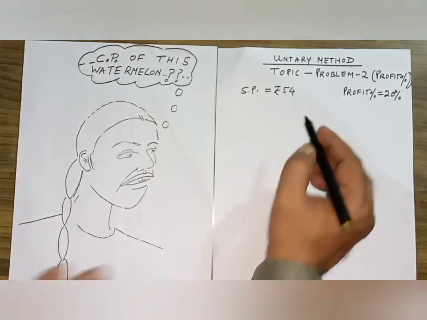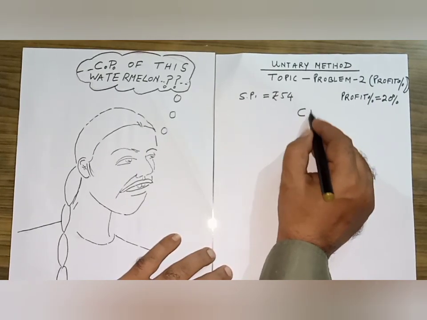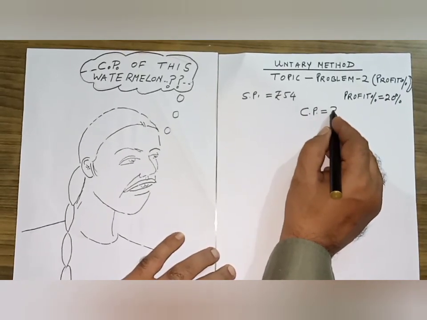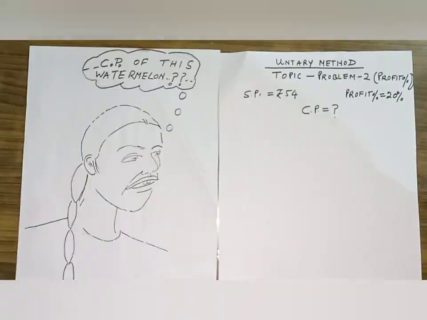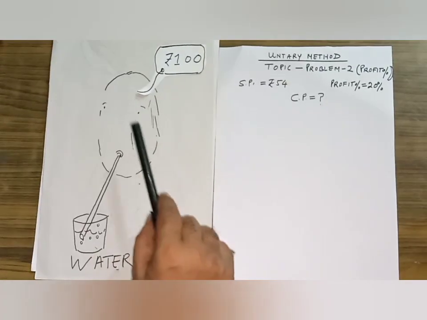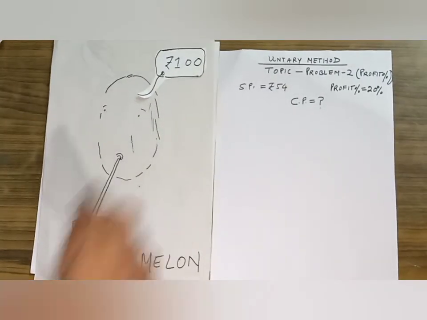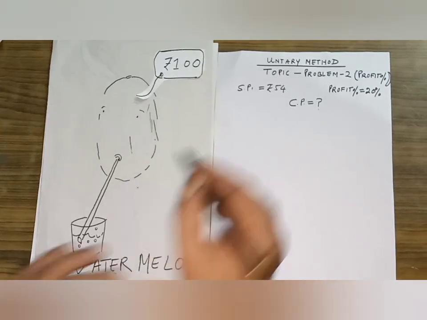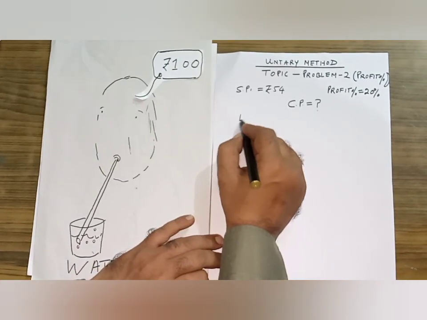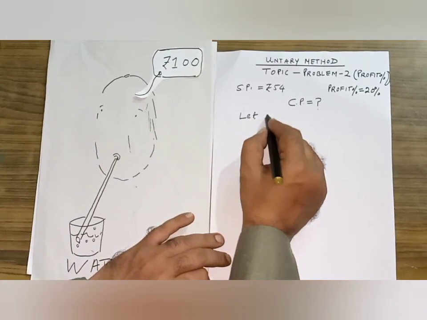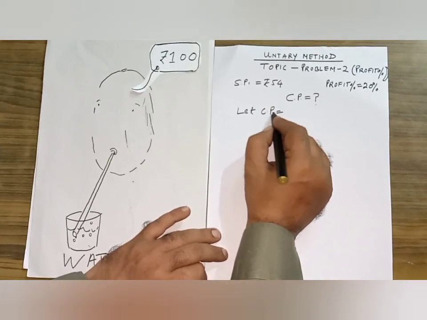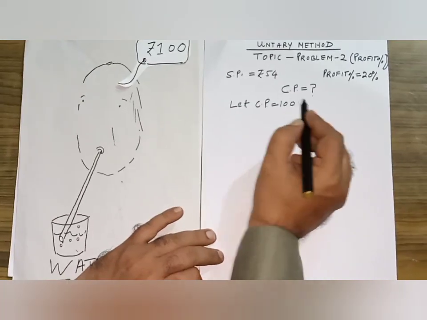Also CP is not known. Let us assume that CP of this watermelon is rupees 100. So we can write whatever we have assumed. Let CP be equal to 100.